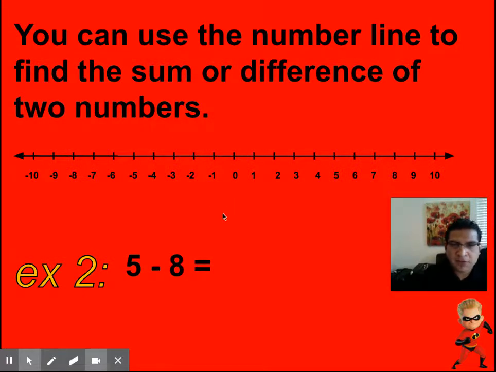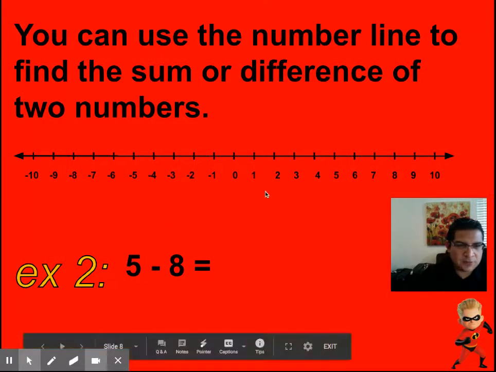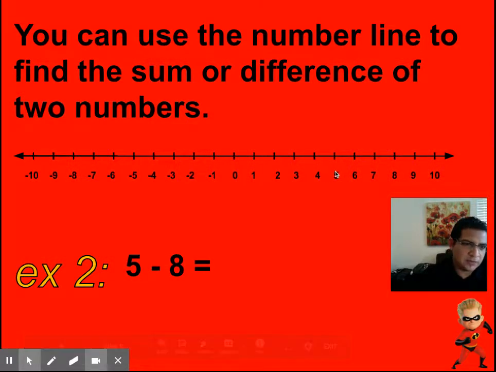For the next one, you have 5. You can either count all the way to 5, or I know that 5 is here, so you can start at the number. So you start from 0, you go to 5. Now from the number 5 here, you're gonna go negative 8 units to your left.